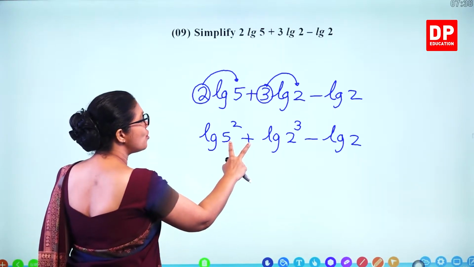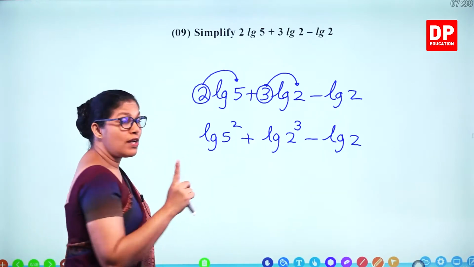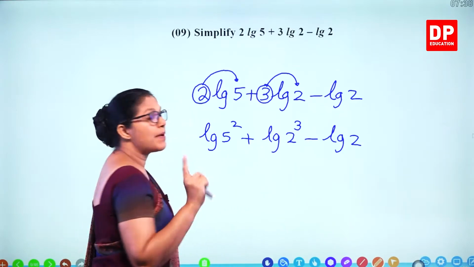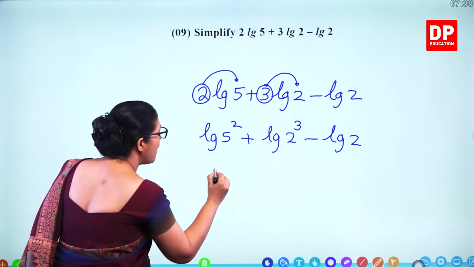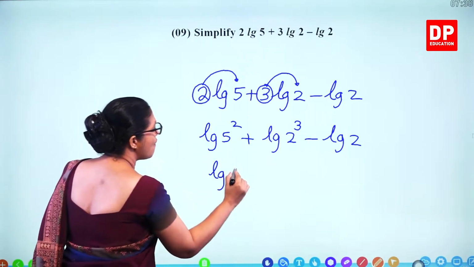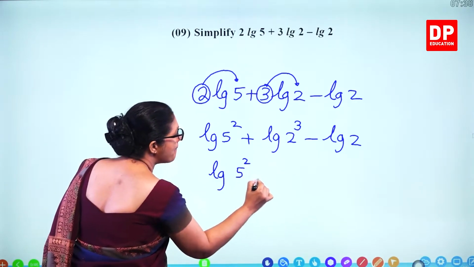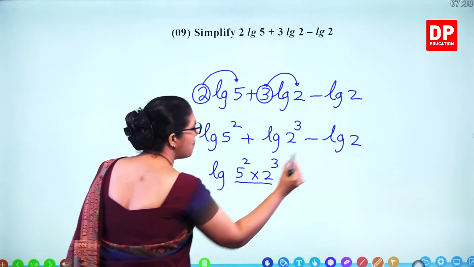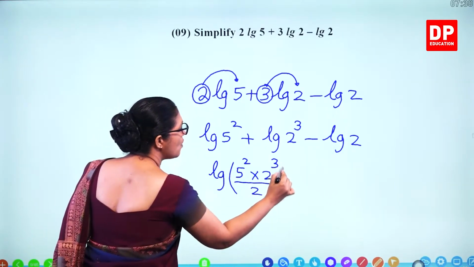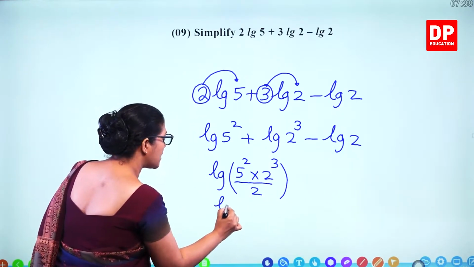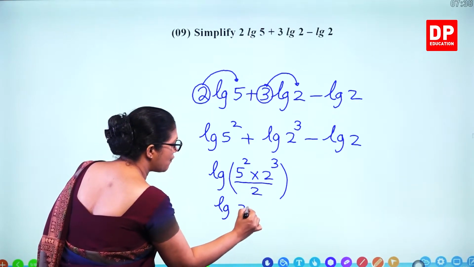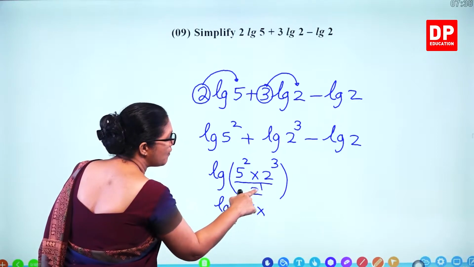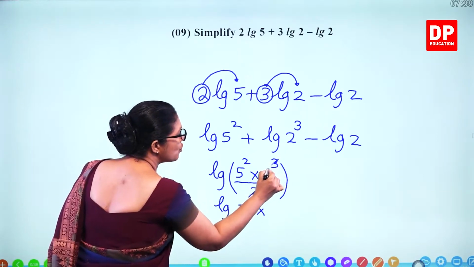So what you do when you have addition? Addition becomes multiplication. Subtraction becomes division. So we can write this one as 5 squared multiplied by 2 to the power 3 divided by 2. Now simplify. What you get? 5 squared is 25 and 2 to the power 3 and 2 to the power 1 is there. You get 2 to the power 2.